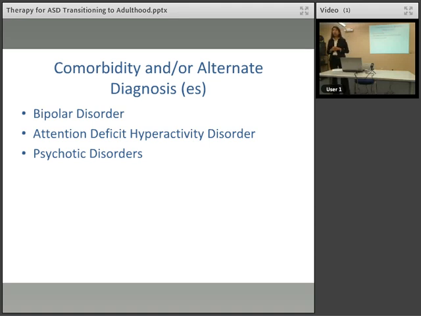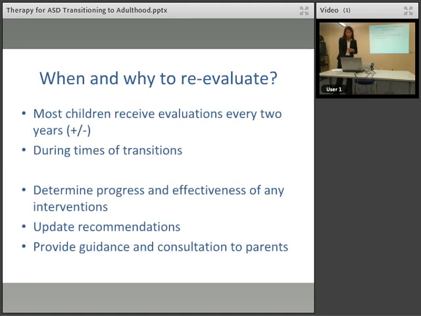Meaning that many times, at the time of a reevaluation, it becomes more clear that what may have presented under the umbrella of autism spectrum disorders in actuality is more clearly defined as another disorder, which would be especially informative for treatment and preparation for a transition time.